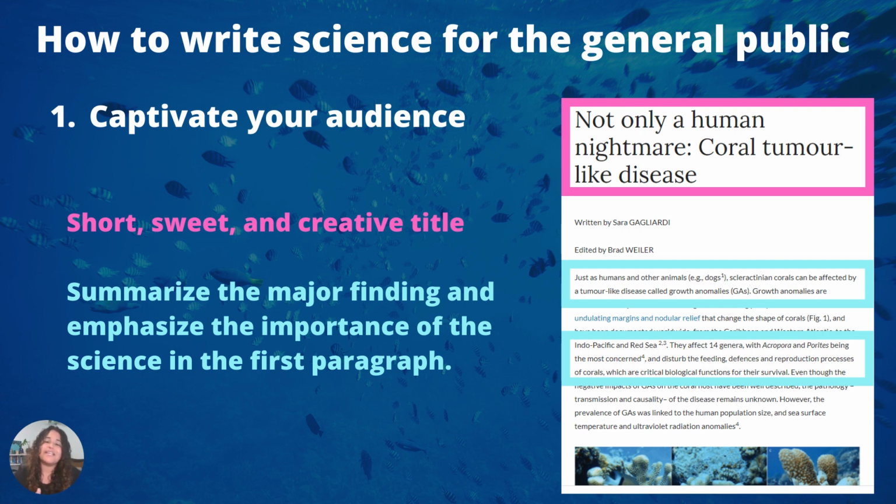The major finding is usually at the end, in the conclusions and then discussion about that conclusion. But when you want to write science for the general public, you need that major finding to be your hook. You need people to know what is that major finding? And if they're interested, then they'll want to know how you came up with it. Why are those your results?